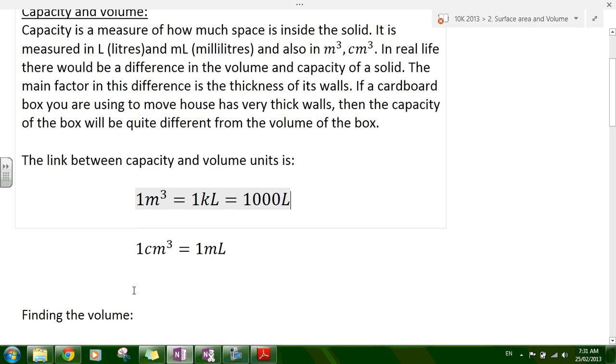So if you imagine one of the little cubic centimeter cubes that you get, 1 milliliter of fluid fits inside them. And so that's the link. 1 cubic meter equals 1 kiloliter, which is 1,000 liters. 1 cubic centimeter equals 1 milliliter.